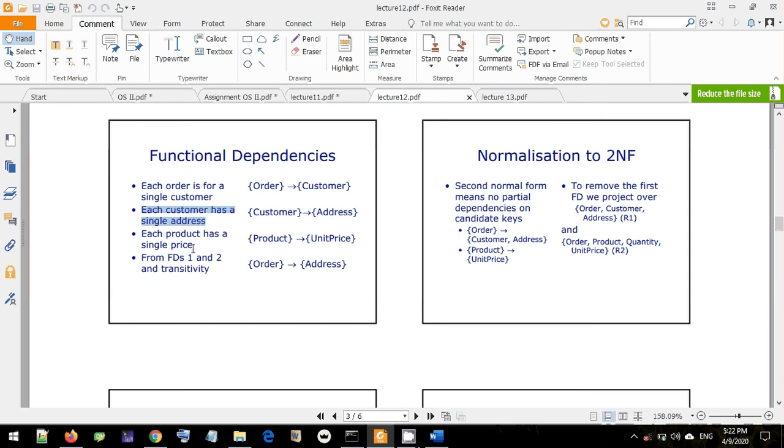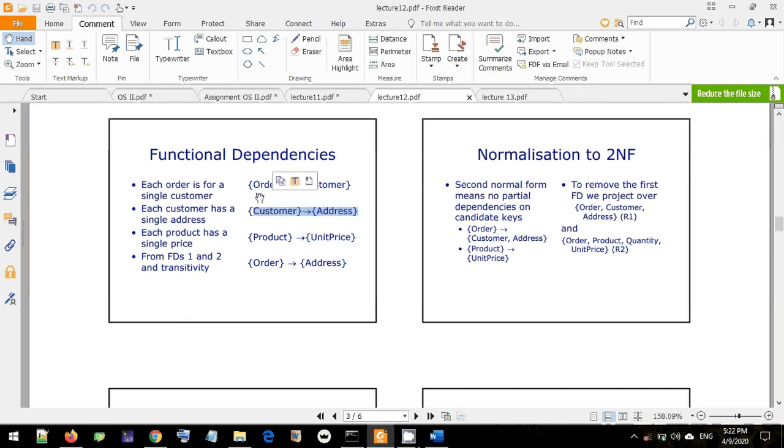Each product has a single price, which means product is functionally dependent on unit price. Now, from the first functional dependencies, order functionally dependent on customer and customer functionally dependent on address, we see that there is transitivity, from which we can deduce that order is transitively dependent on address, which gives us order dependent on address.